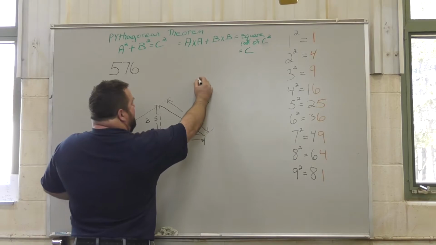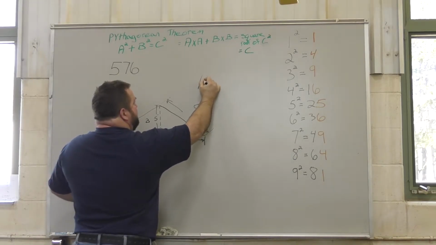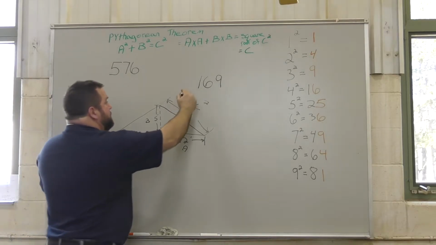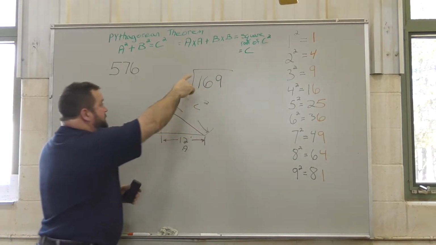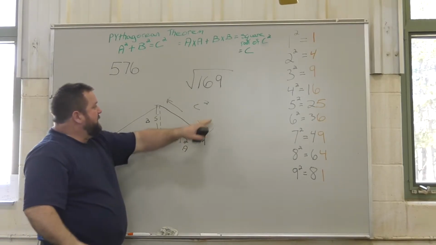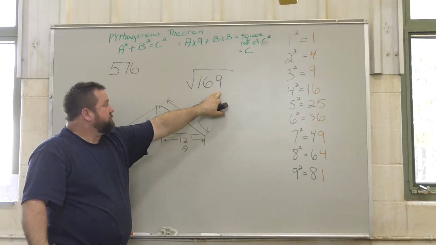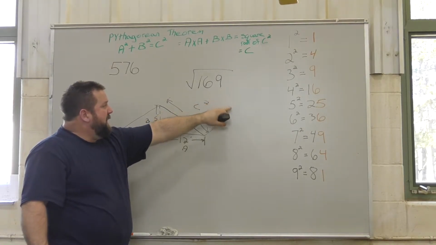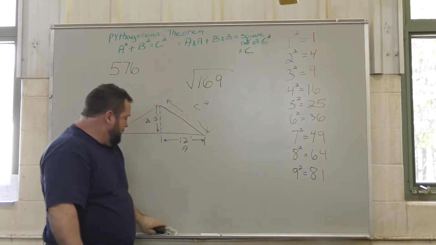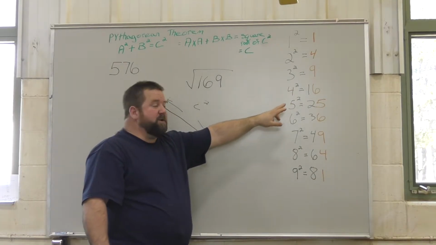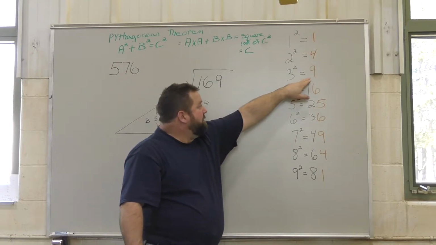So we have 169, and we need to find the square root of 169. So if you look at just the first number, it's a 9. If you look at that, and now look at our list over here, you'll see in the orange, you're going to use those numbers. Okay, where do we have a 9?